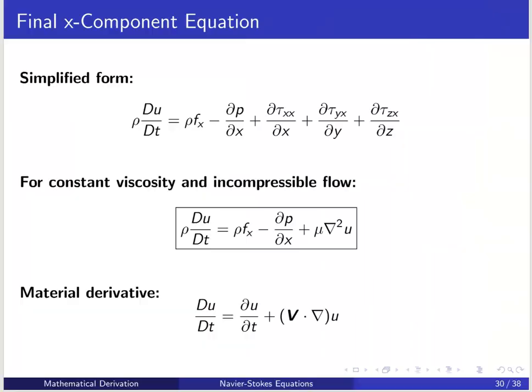So from there we can write ρ Du/Dt = ρfx − ∂p/∂x + ∂τxx/∂x + ∂τyx/∂y + ∂τzx/∂z. Now from Newton's law of viscosity, if we plug in the velocity gradients, with constant viscosity and incompressible flow, we get ρ Du/Dt = ρfx − ∂p/∂x + μ∇²u. We know the material derivative is ∂u/∂t + v·∇u.